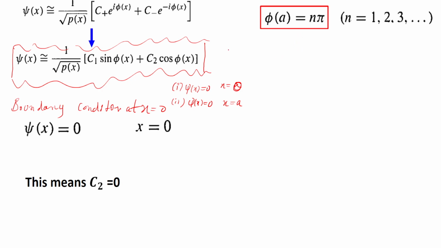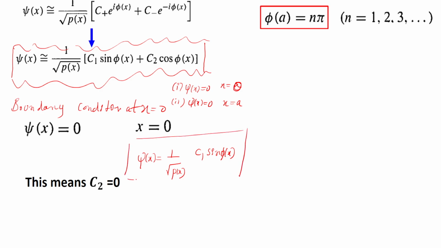So after putting C2 equal to 0, we have this equation: psi of x equal to 1 divided by root of the position-dependent momentum, times C1 sin phi of x. Because C2 equals 0, this is our equation.